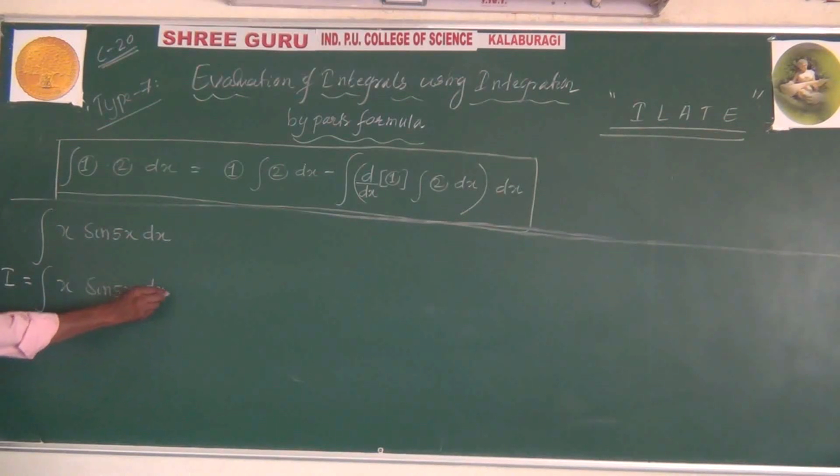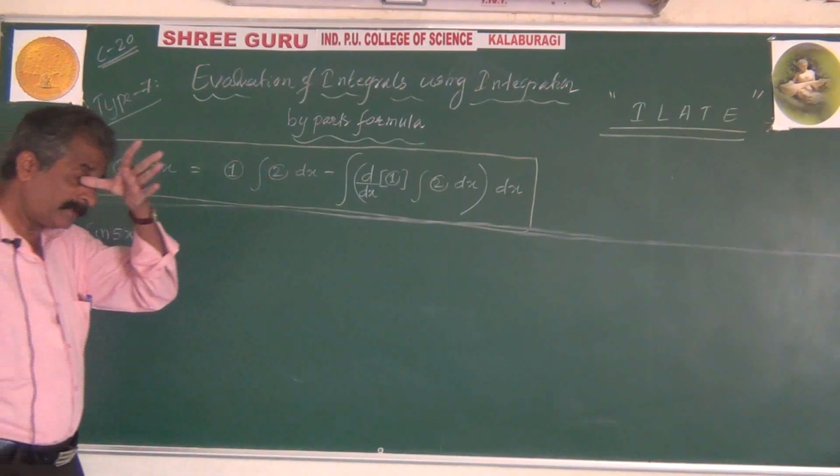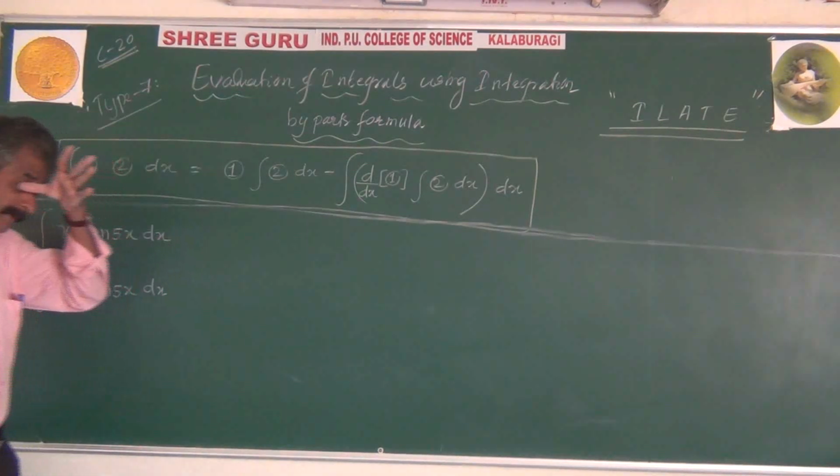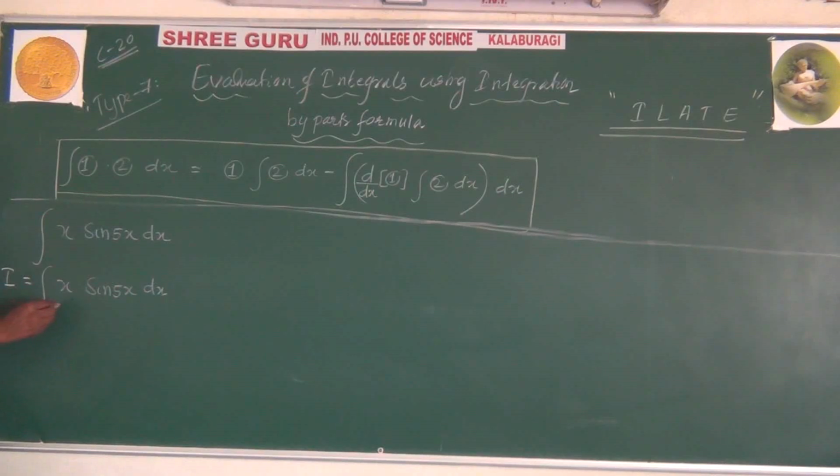Because of the product of two functions, we need to apply integration by parts. Take first function x, second function sin 5x. Let's apply integration by parts using the integration by parts formula.